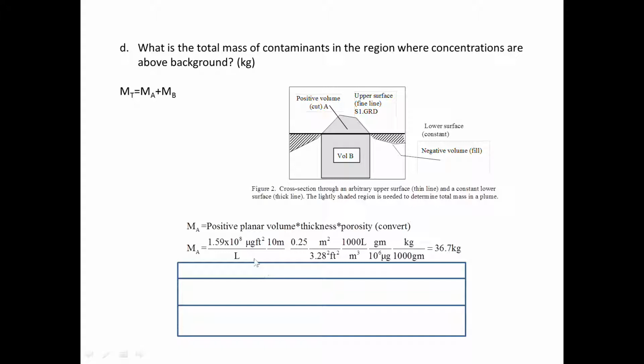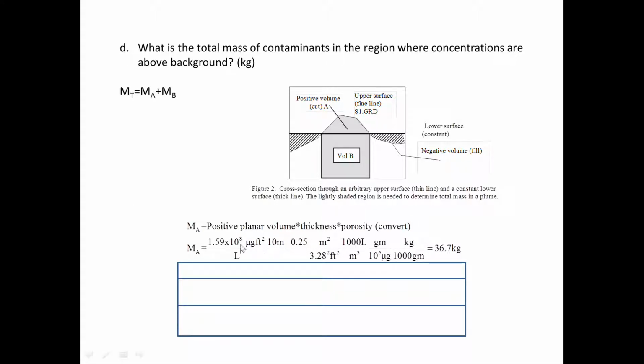and there's the result. And Surfer gives you these numbers that have many significant figures. That's really probably way too optimistic, so I've just rounded this to 1.59 times 10 to the 8th. And so the positive planar volume, what we've done here is integrated the concentration over the area.